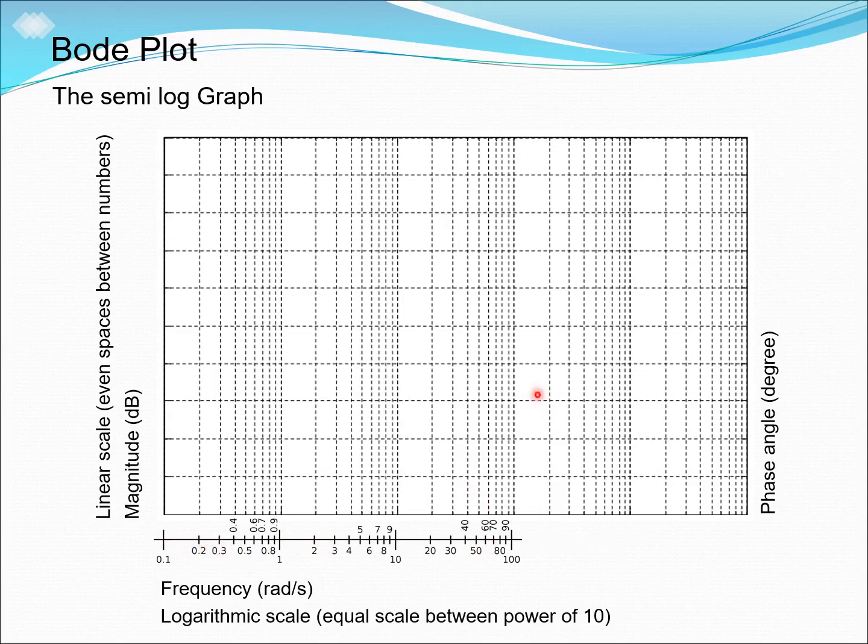Usually we are going to use the same semi-log graph to plot our magnitude and the phase angle in degrees. So on this side we are going to scale our magnitude in dB, and on this side we are going to scale our phase angle or phase shift in degrees. So on this same sheet we are going to see two graphs being plotted, which are the magnitude and the phase angle.